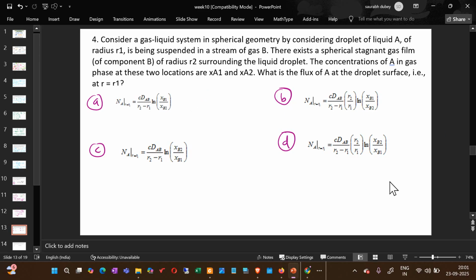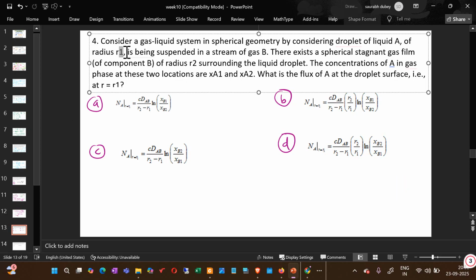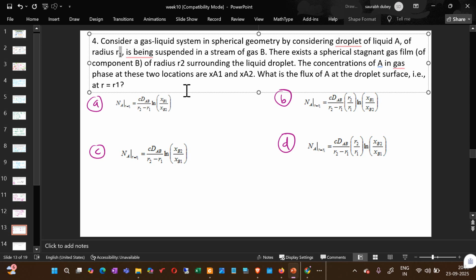Consider a gas liquid system in spherical geometry, with a droplet of liquid A of radius R1 suspended in a stream of gas B. There exists a spherical stagnant gas film of component B of radius R2 surrounding the liquid droplet.